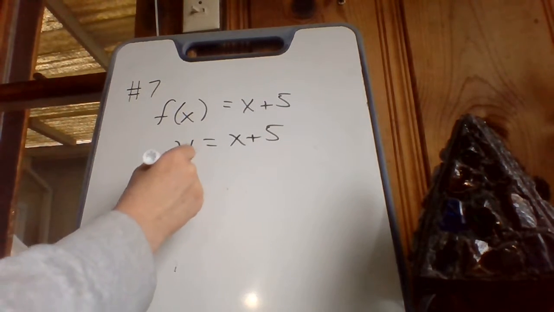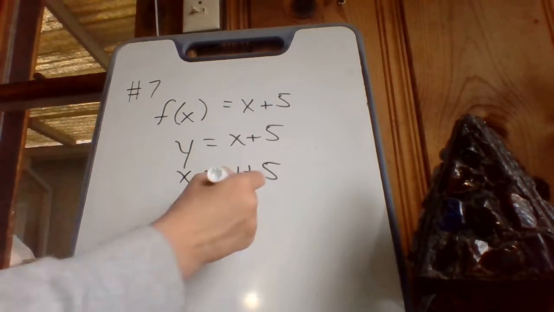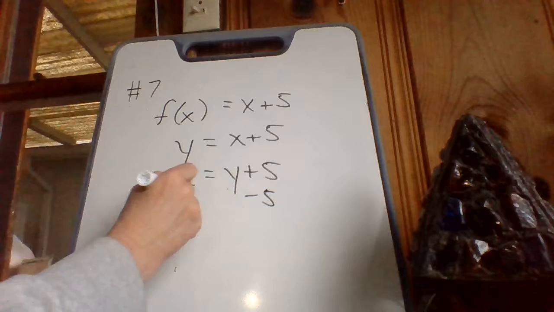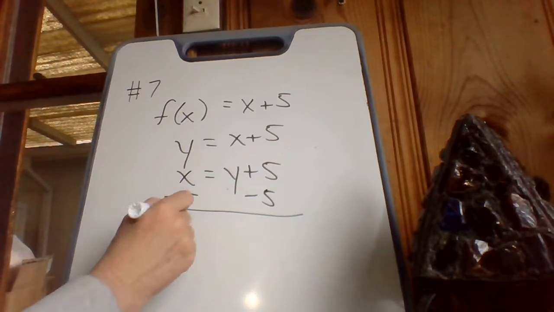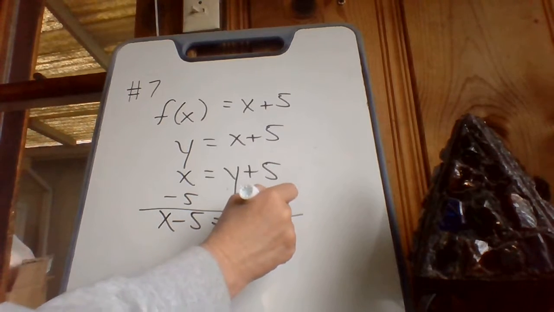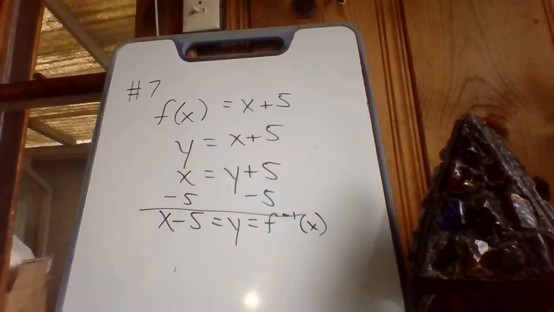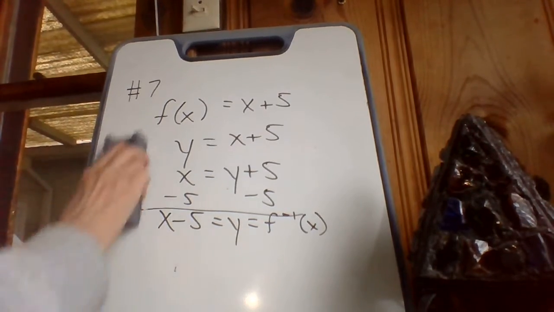Switch out x and y. Get y by itself. X minus 5 equals y. Equals fancy notation. C.